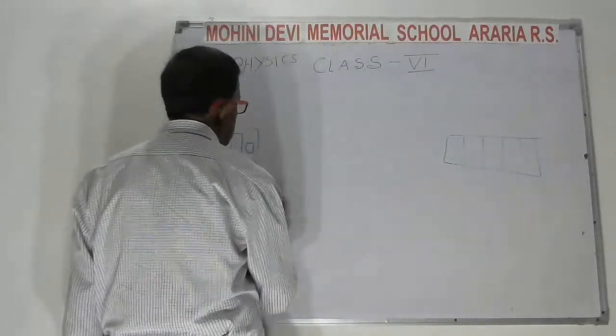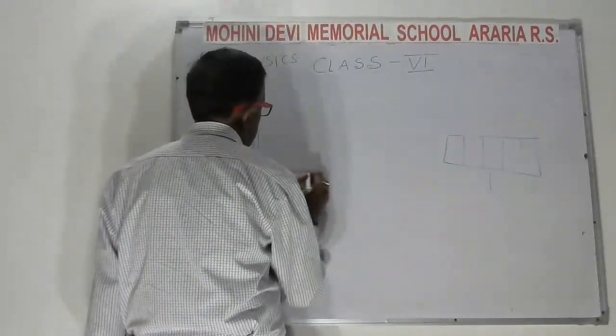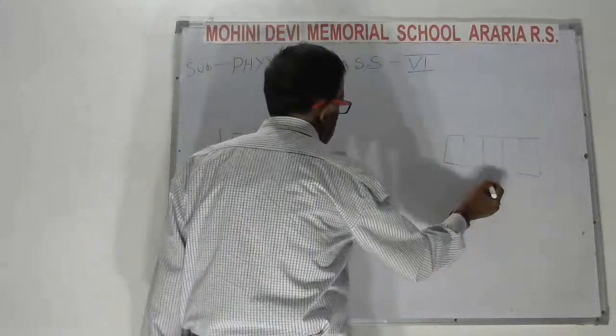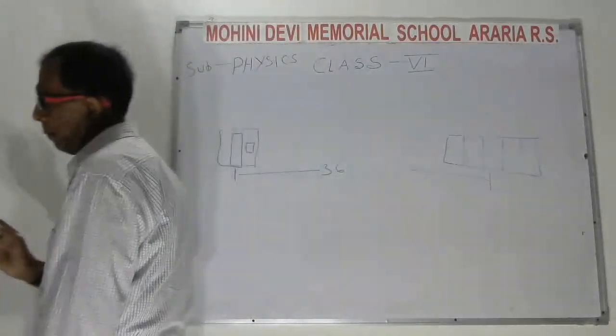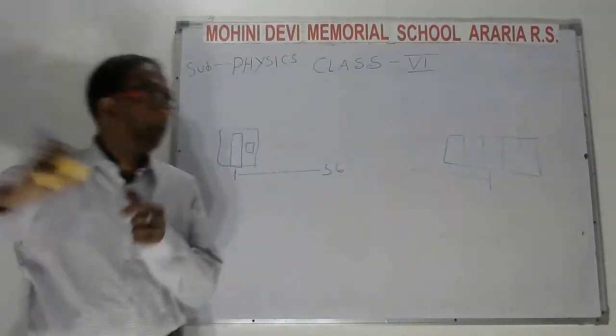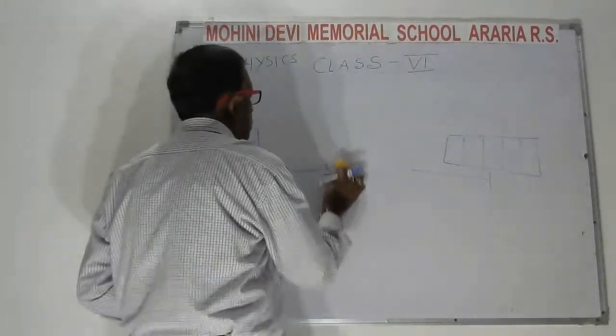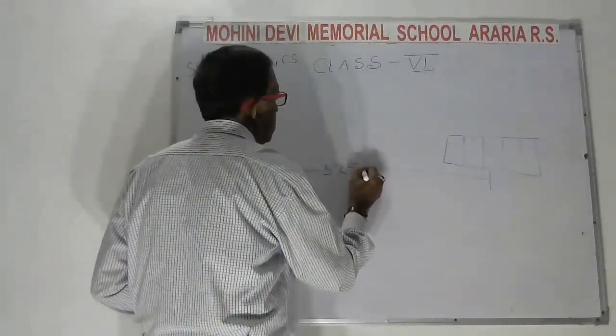And the distance between the MDMS and the Radha house is how much? 3,250 meter.